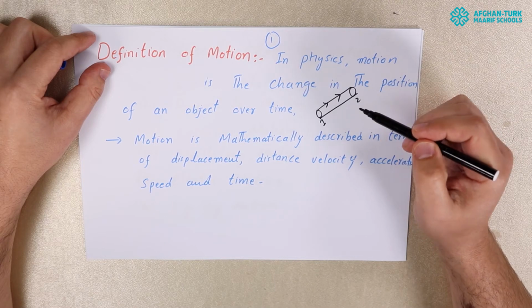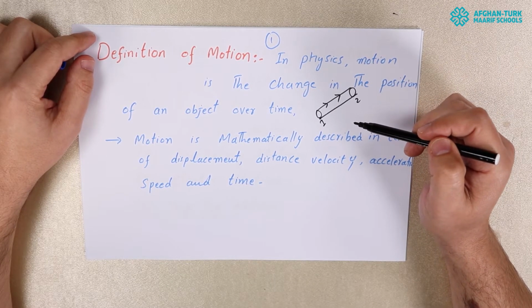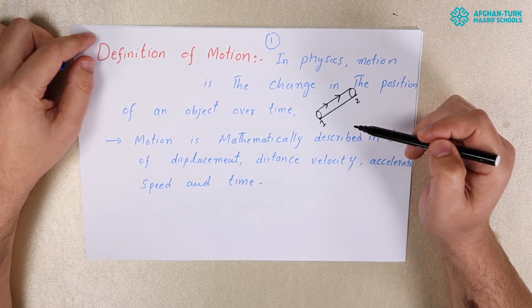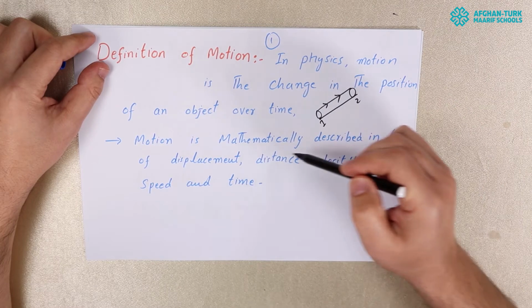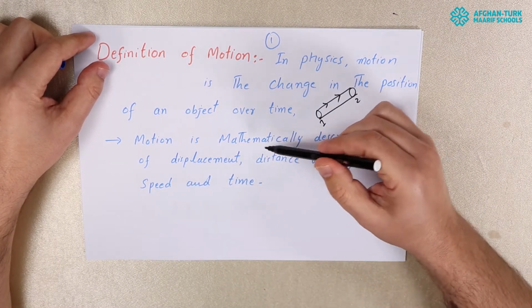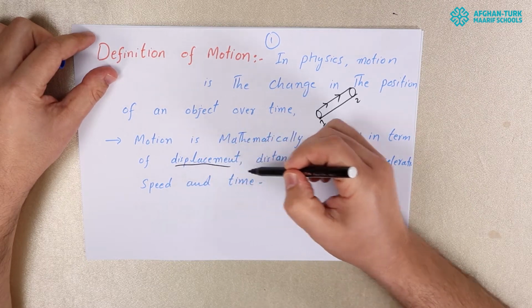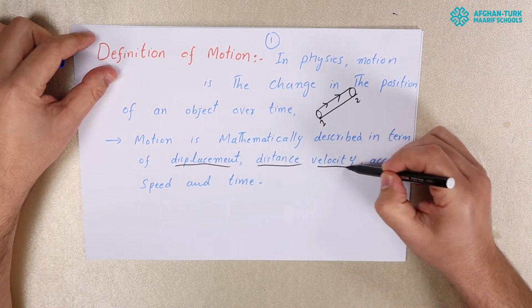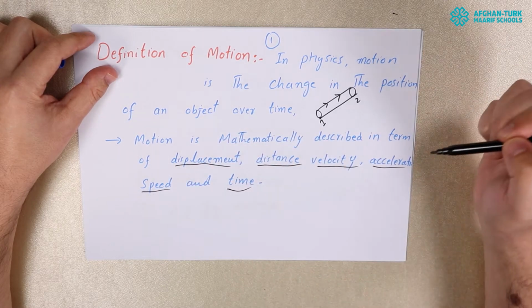And the second definition: mathematically, we can describe or define motion in different terms. Here the definition is given: motion is mathematically described in terms of displacement, distance, velocity, acceleration, speed, and time.